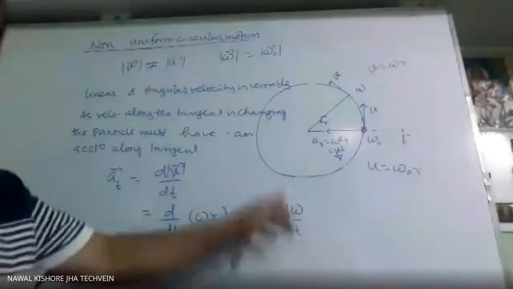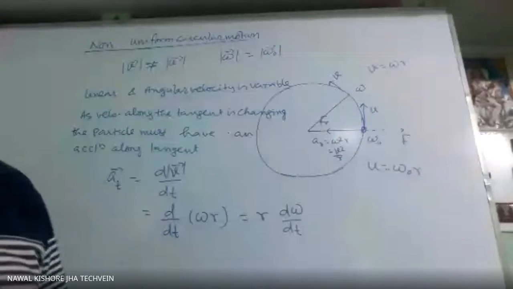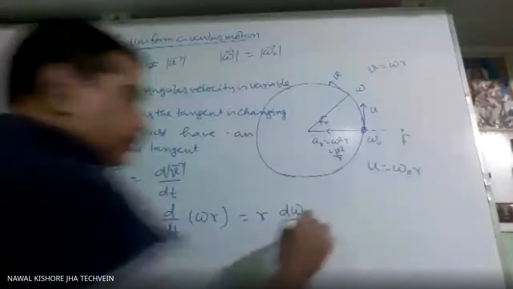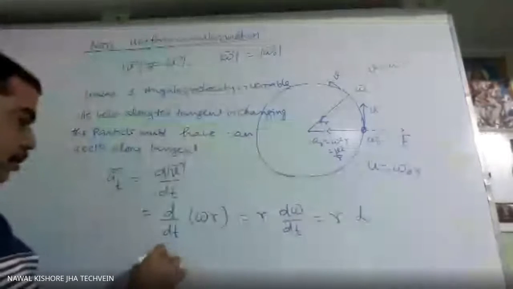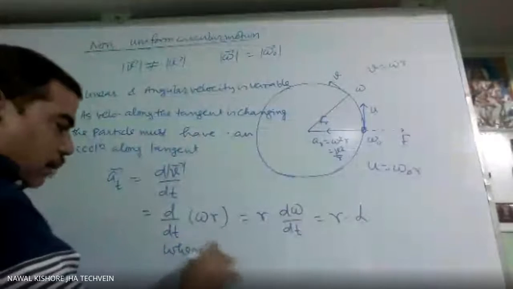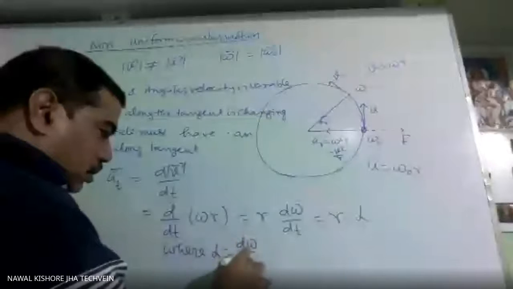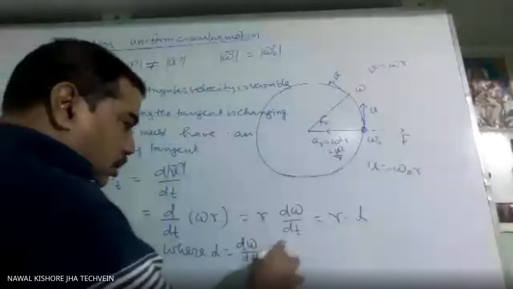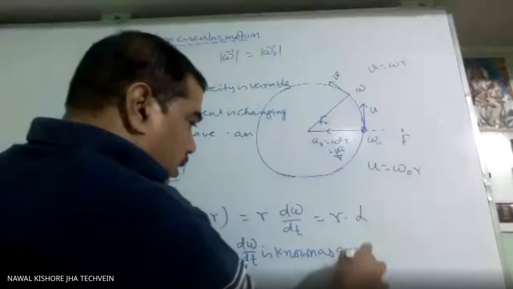So this term, d omega by dt, we call angular acceleration, where alpha is known as angular acceleration.